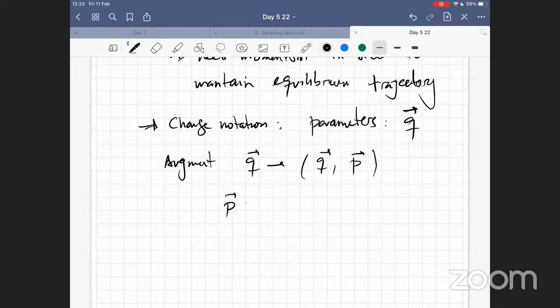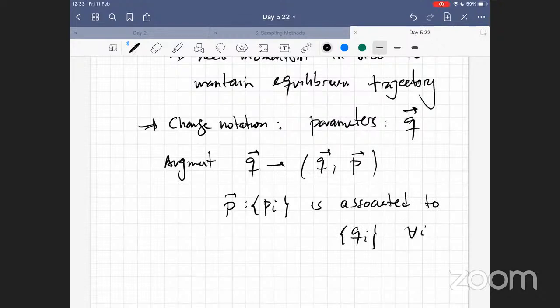So here, Pi is associated to the coordinate or the parameter Qi, for every i. So you have a one-to-one association.